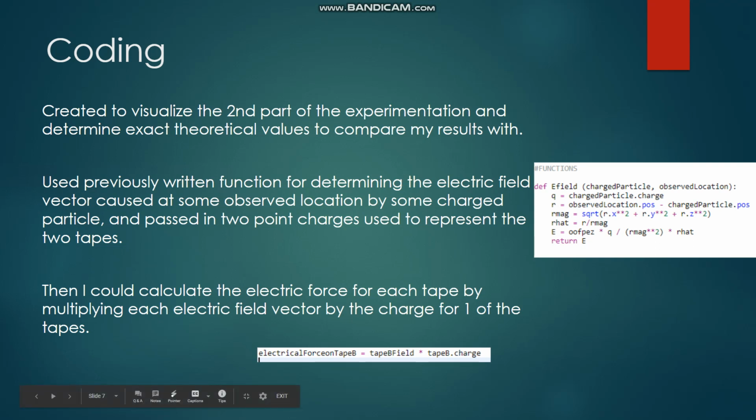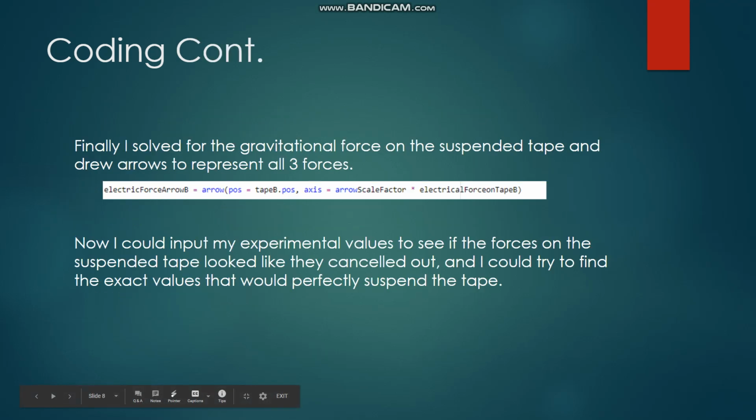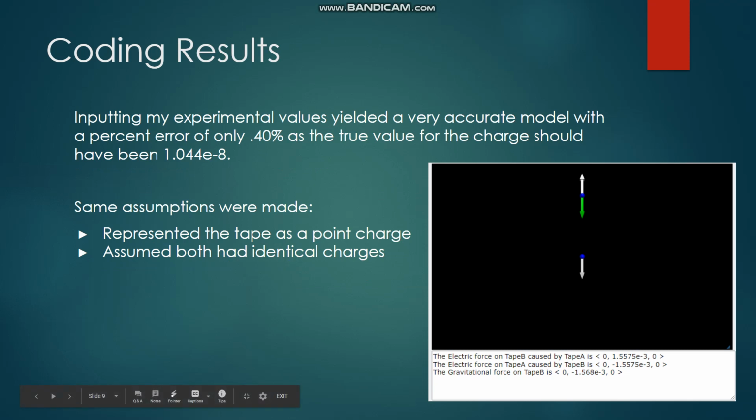How this happened was I took a function from the previous charged particles lab that we did and passed in both tapes as the charged particle and the observed location to get that electric field, multiplied that by the charge for the electric force, calculated the gravitational force, and then drew arrows for all three of these forces to get a visual representation, as you can see here, of the magnitude of the gravitational force versus the electric force.